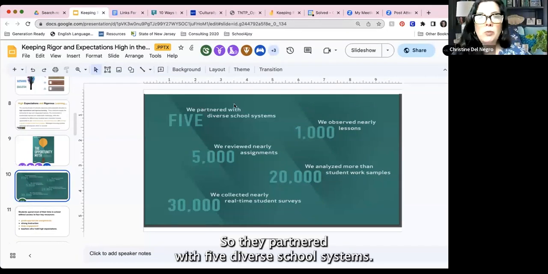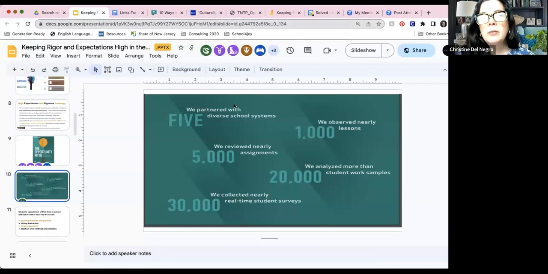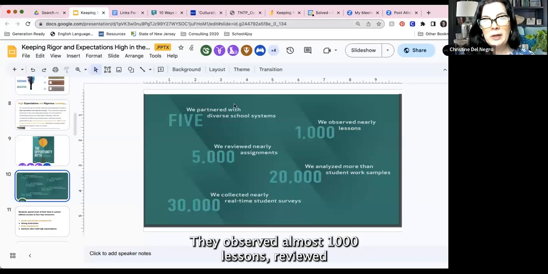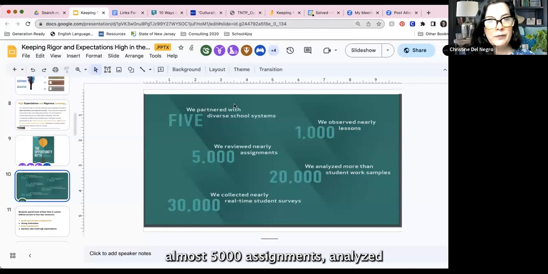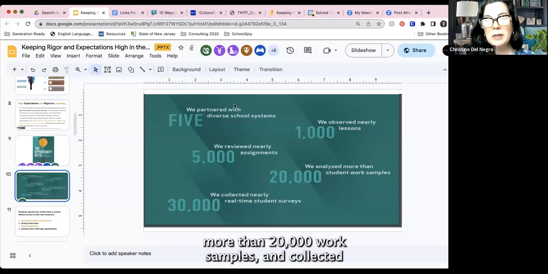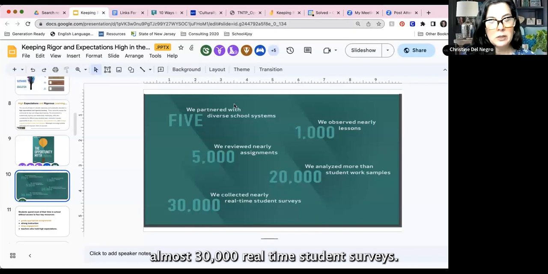They partnered with 5 diverse school systems. They observed almost 1,000 lessons, reviewed almost 5,000 assignments, analyzed more than 20,000 work samples, and collected almost 30,000 real-time student surveys.